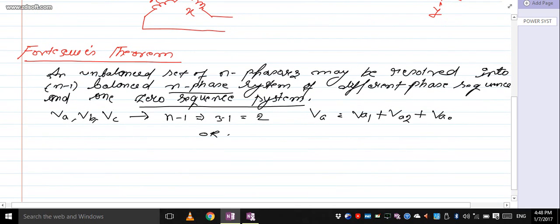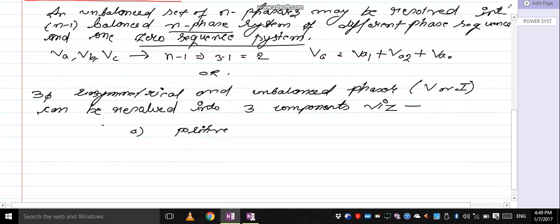So another way of defining Fortescue's theorem is: the three-phase unsymmetrical and unbalanced phasor, it can be voltage or current phasor, can be resolved into three components.